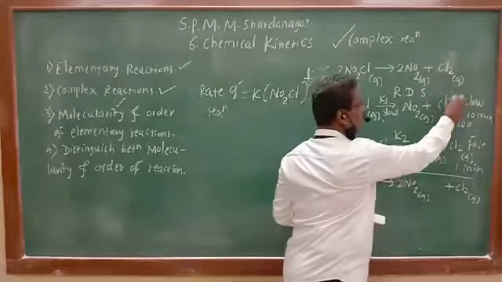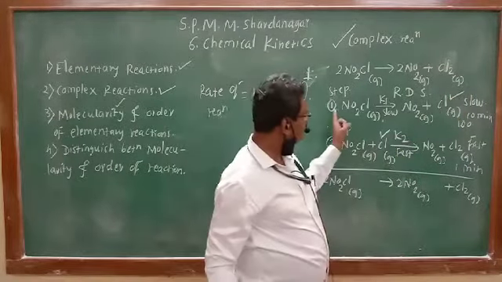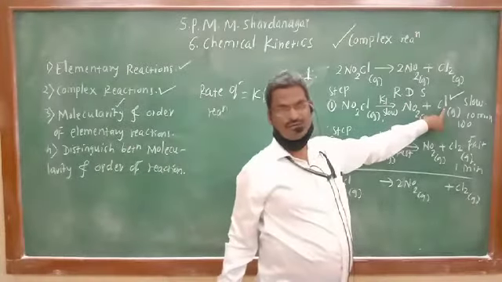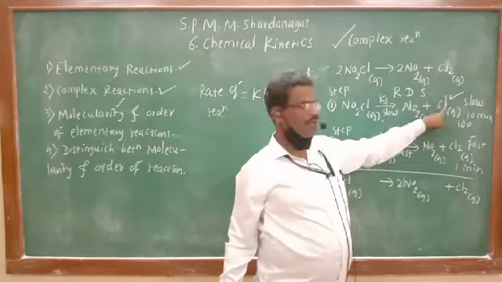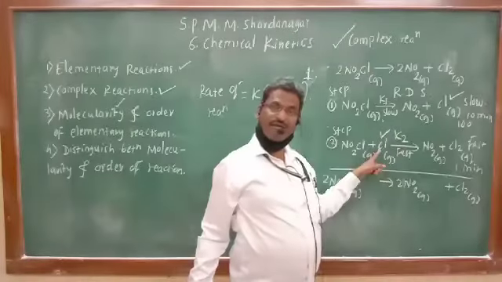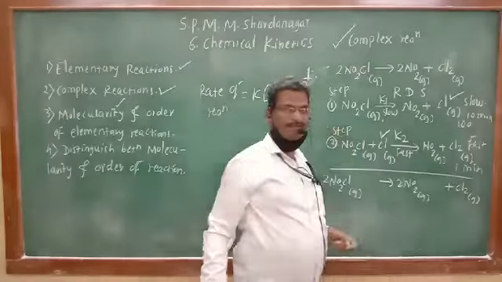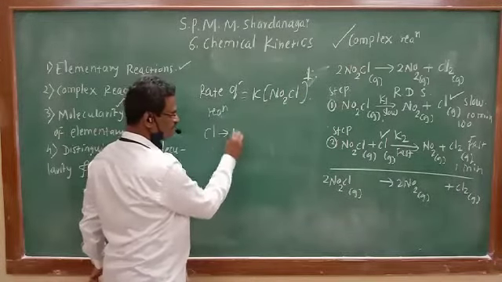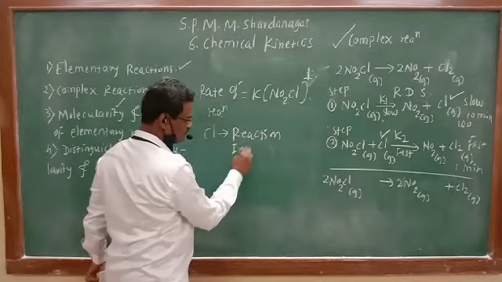What about this Cl? In the first reaction, Cl is obtained as a product. And in the second reaction, that Cl is used as a reactant. Therefore, it is cancelled. That Cl is nothing but the reaction intermediate.